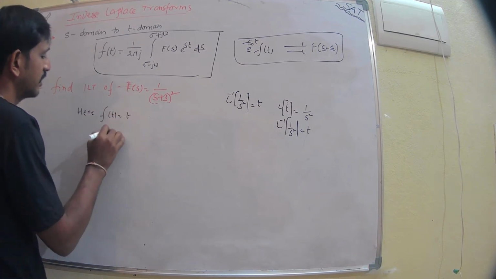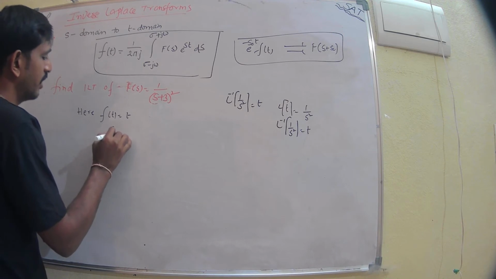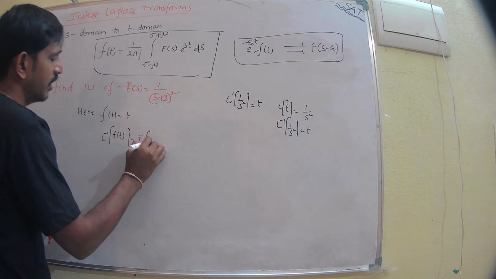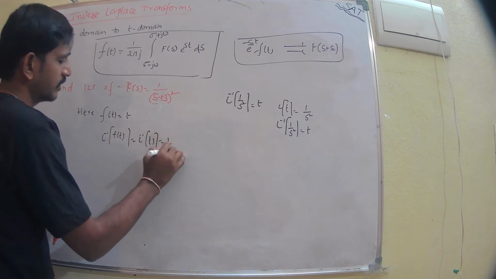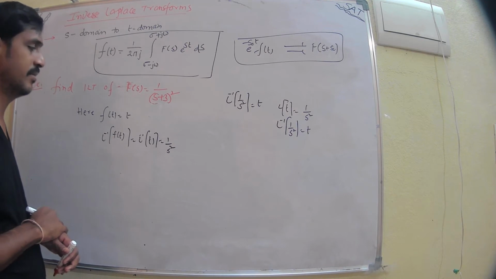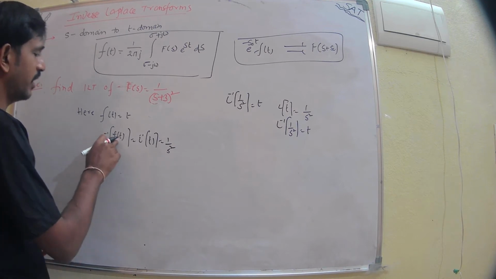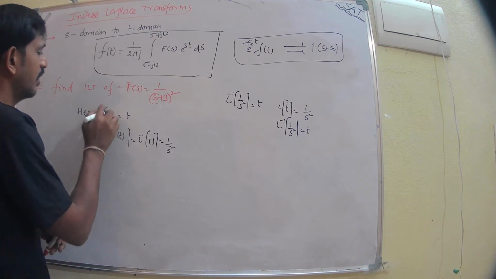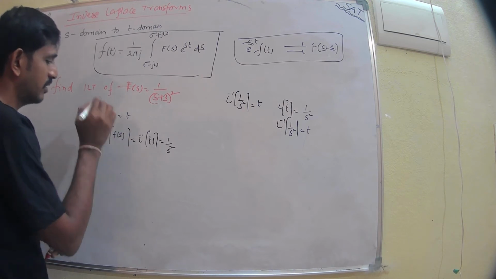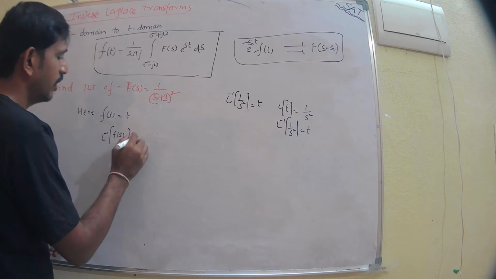So the inverse Laplace transform of 1 by s square is small t.